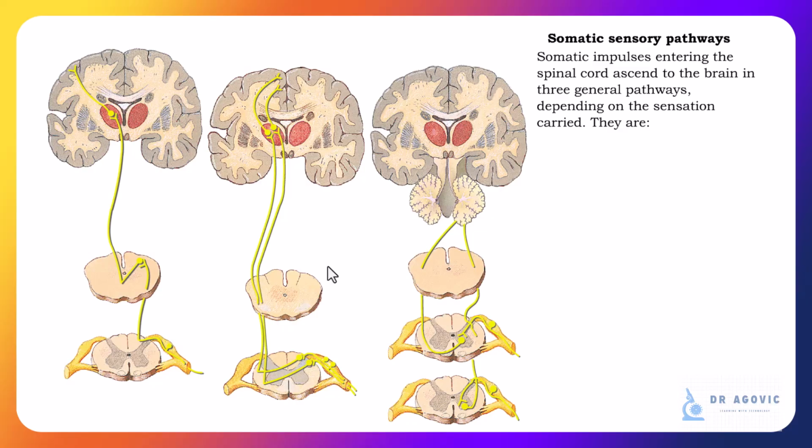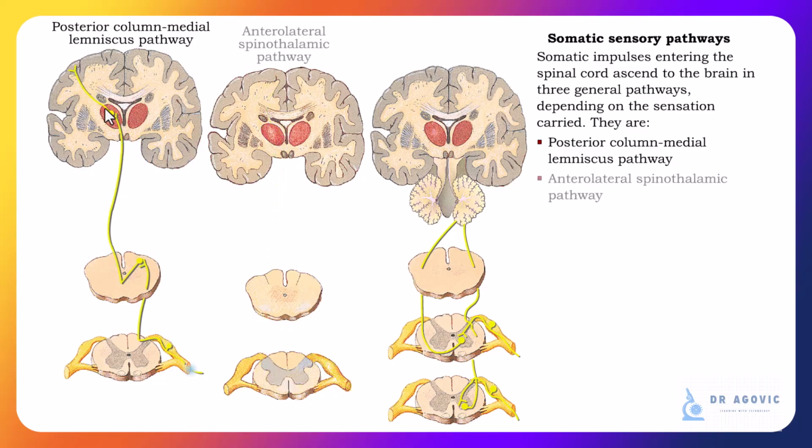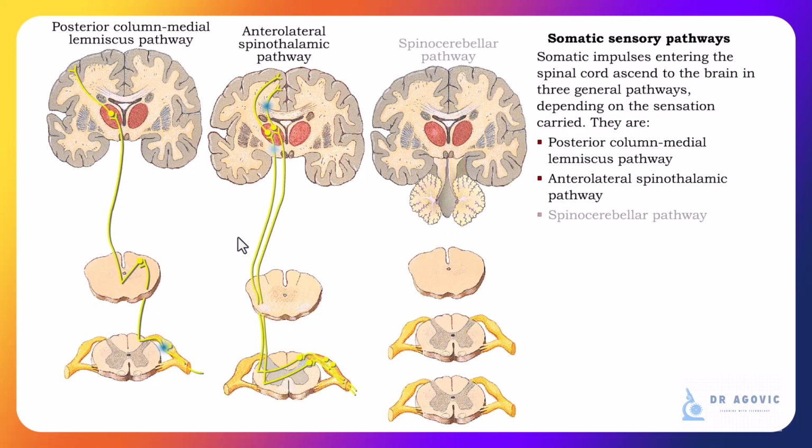Somatosensory signals entering the spinal cord ascend to the brain in three general pathways depending on the sensory information they carry. There are the posterior column medial lemniscus pathway, the anterolateral spinothalamic pathway, and the spinocerebellar pathway.